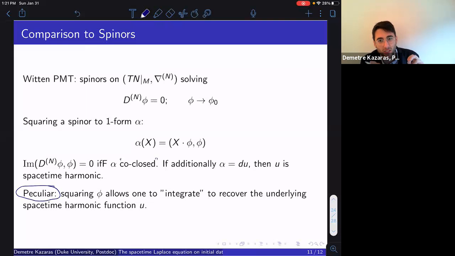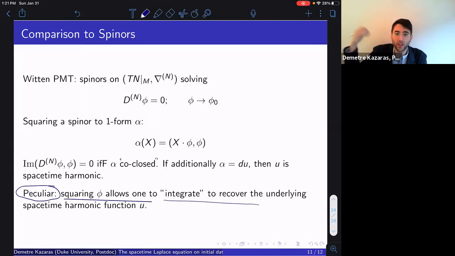which is the foliation, the level sets of the space-time harmonic function. And that object contains some information that you can't necessarily see from the one form or the spinor itself. So somehow squaring the spinor allows you to integrate that to recover an underlying function, a space-time harmonic function.